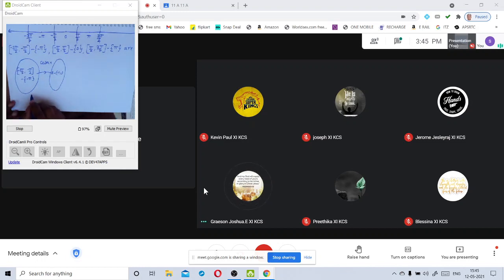Then in this case it is bijective. If you consider this interval as a domain, in this case cosecant x is bijective. Since it is bijective in this interval, we can find its inverse.